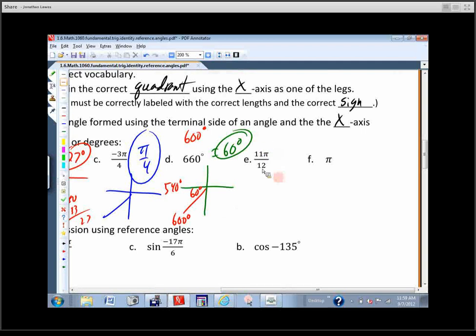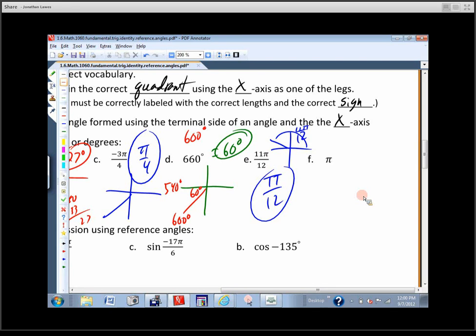Let's think about this for just a second. 11 12ths, that's almost 1, that's almost 1 pi. Where is this? Quadrant 2. If I've used 11 pi 12ths here, what's left for this little sliver? Pi 12ths. There's my answer there. Okay? And you do the last one.